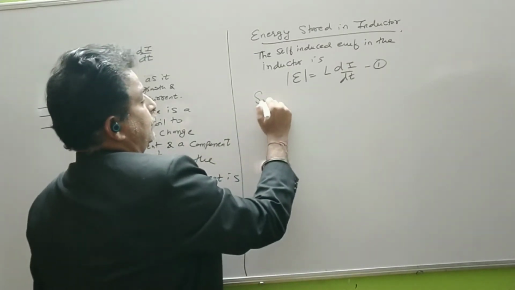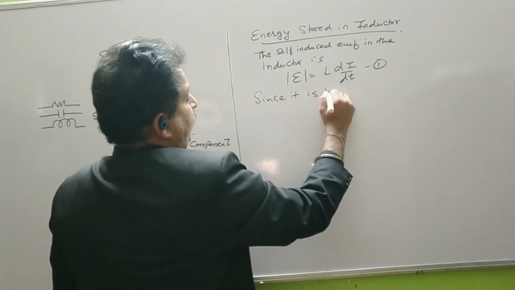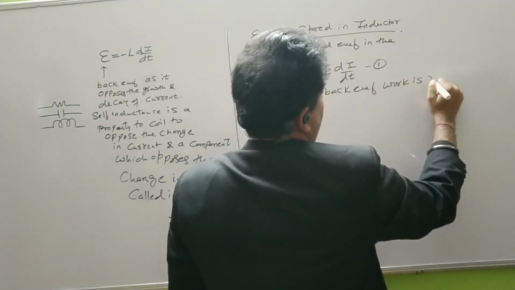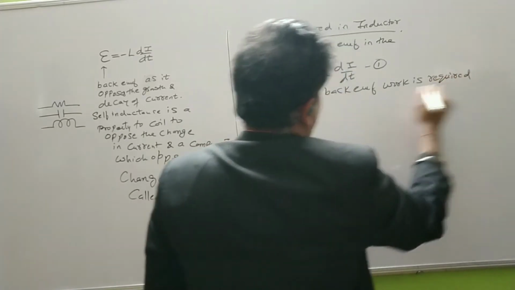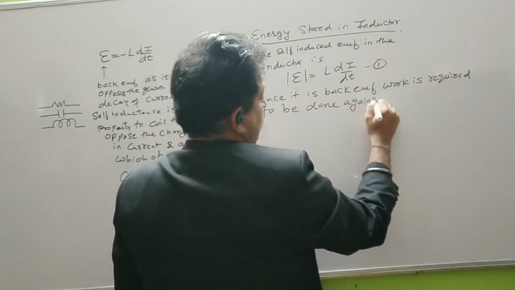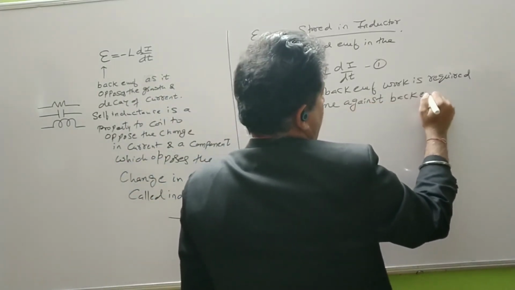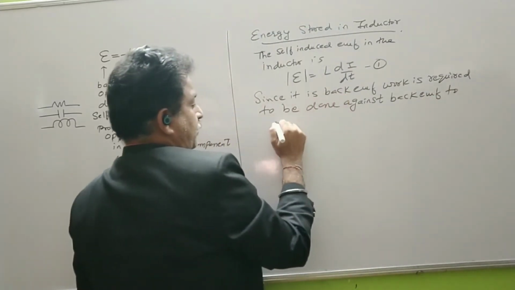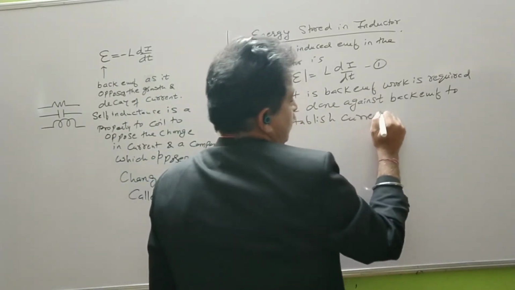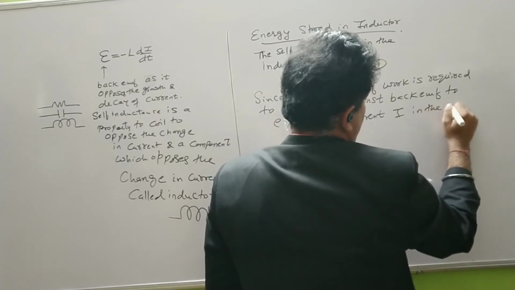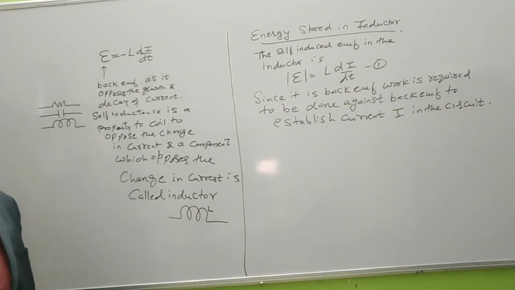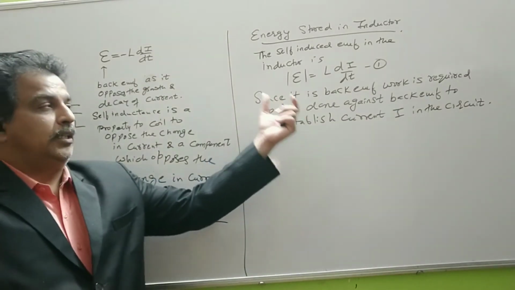Since it is back EMF, work is required to be done against back EMF to establish current I in the circuit. So I want to establish current I in the circuit, and therefore I will do the work against this back EMF.